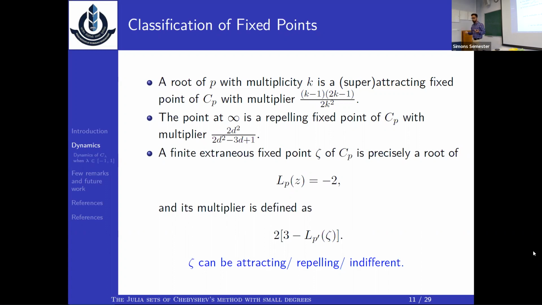The motivation of a root finding method is that we have an initial guess, we iterate it, and we expect that this iteration will converge to a root of the polynomial P. But in this case, the Chebyshev method may not give the root of P, meaning the motivation of the root finding method may fail here.